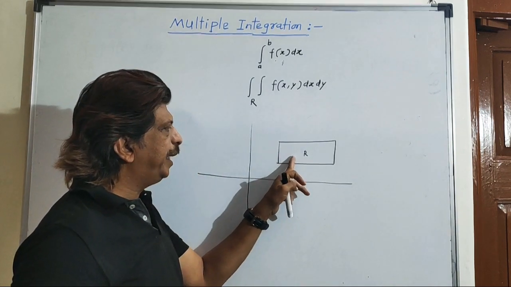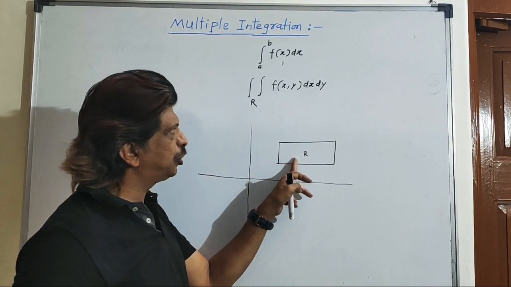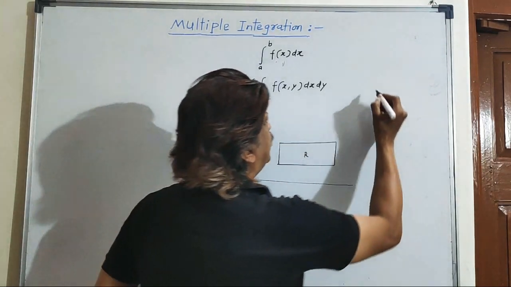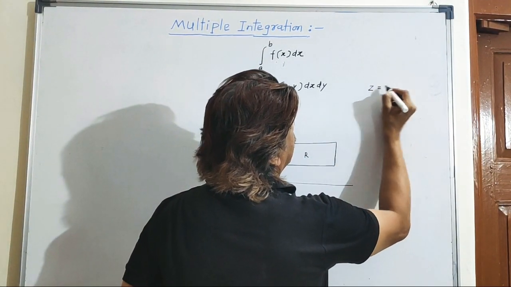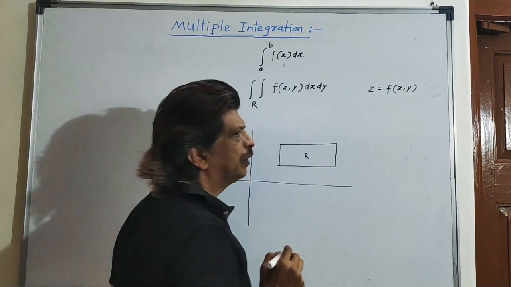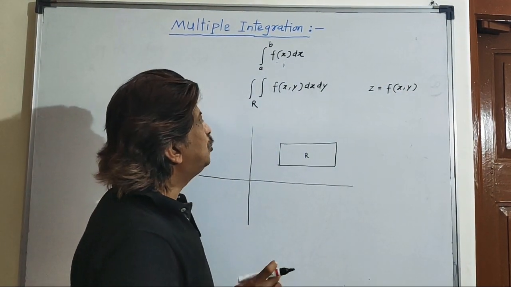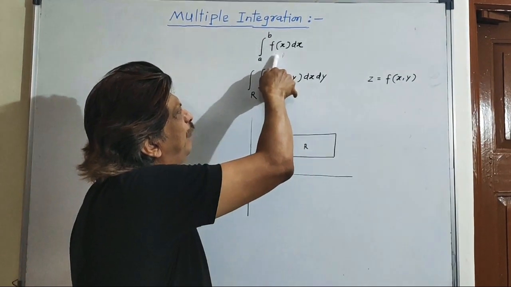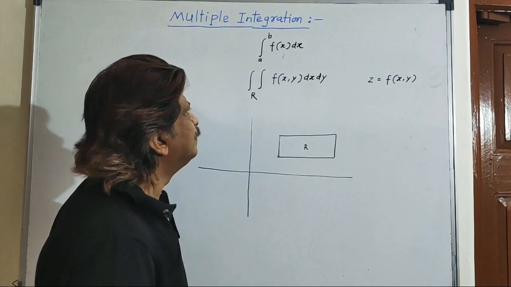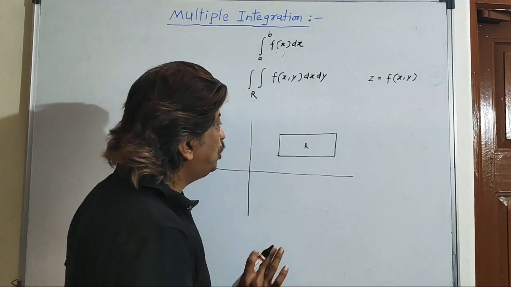This is the rectangle over which we consider this function f of x, y by z. Z, we shall see this afterwards. As we denote y equal to f of x, now here we denote z equal to f of x, y. Now, what shall we do?